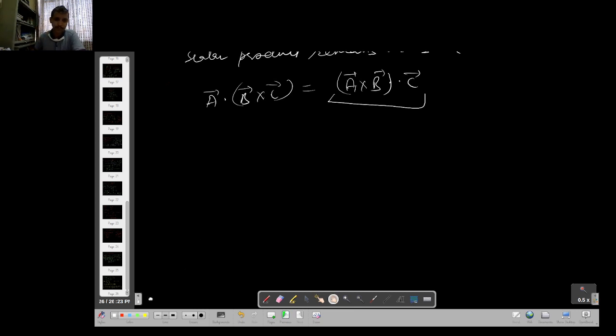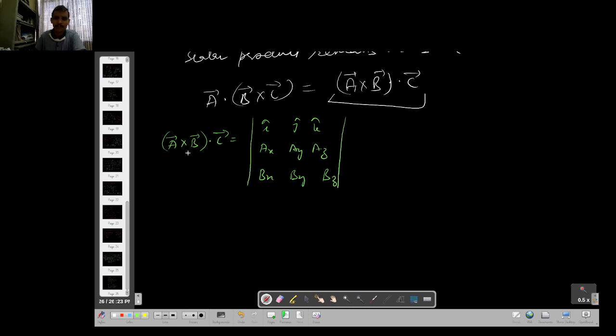So if I consider this A cross B dot C, it can be written like this: i cap, j cap, k cap; ax ay az; bx by bz. So it is the value of this part, multiplied with it by cxi cap plus cyj cap plus czk cap.